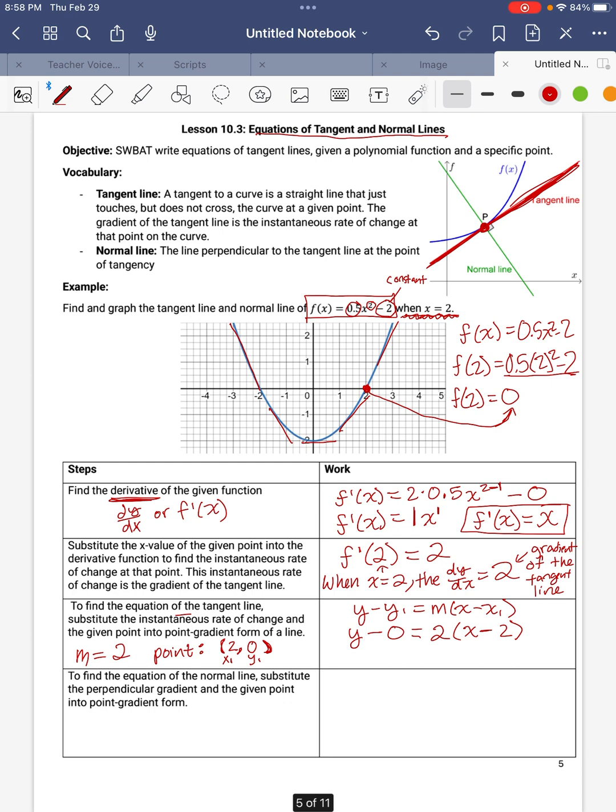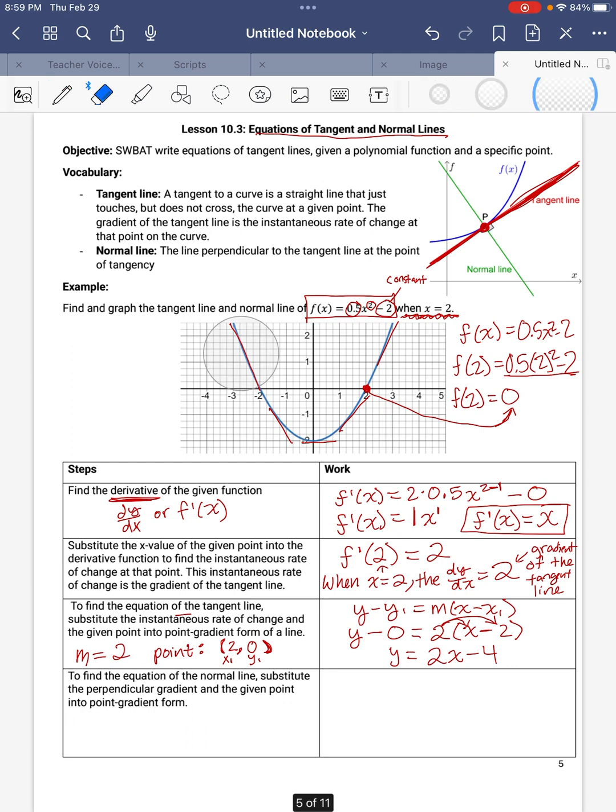And now I can simplify. So y minus 0, well, that just simplifies to y. And then on the right side, I can distribute. So I have 2x minus 4. All I did was I took that 2 and I multiplied it by everything inside the parentheses. Okay, so this is the equation of my tangent line.